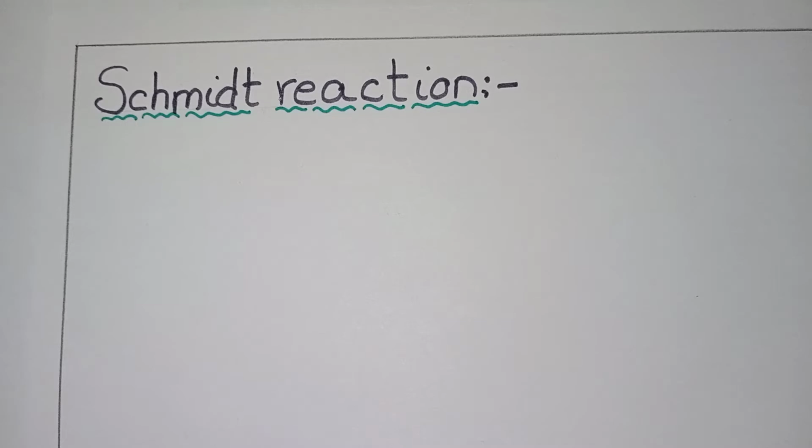Let me show you the representation of this reaction: how carboxylic acids react with hydrazoic acid, what the formula of hydrazoic acid is, and how they produce amines. Let's look at the reaction and the mechanism as well.